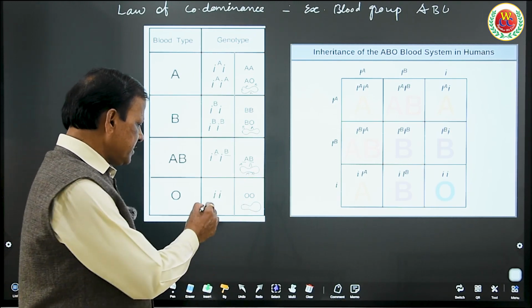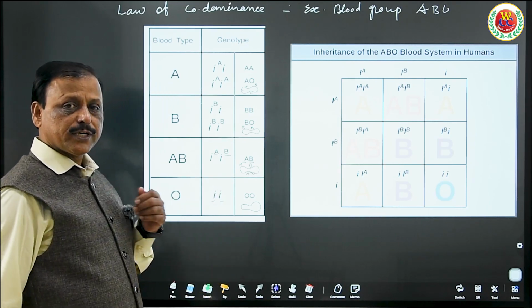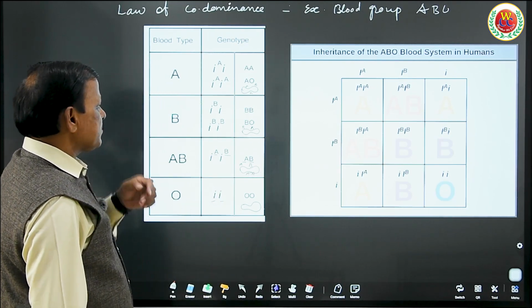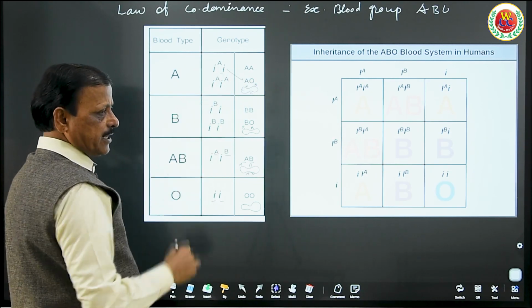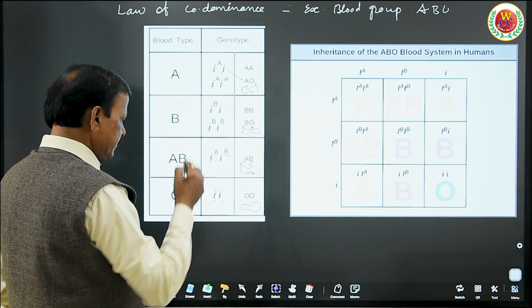That means these are recessive genes, they do not express, and small i in the presence of IA does not express and therefore does not produce any glycoprotein.